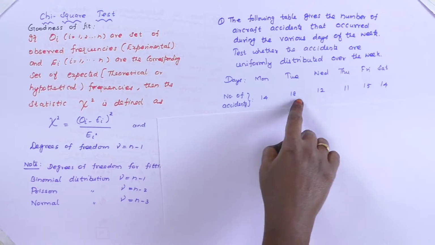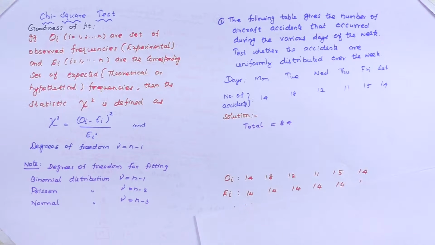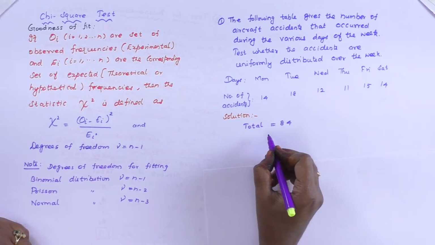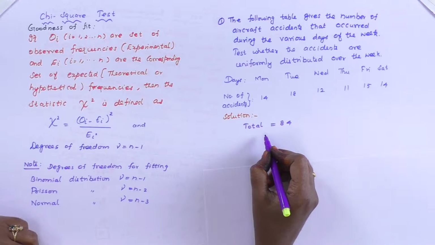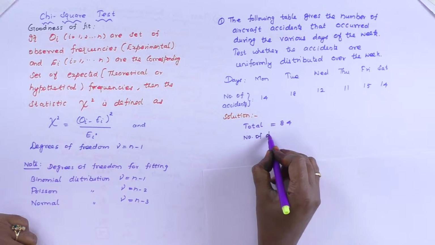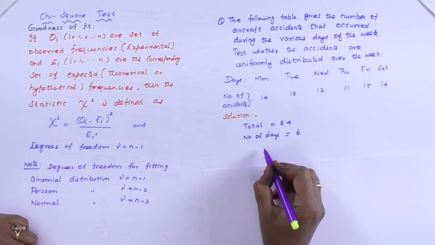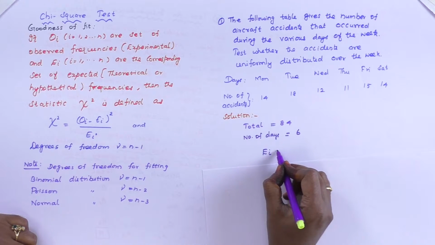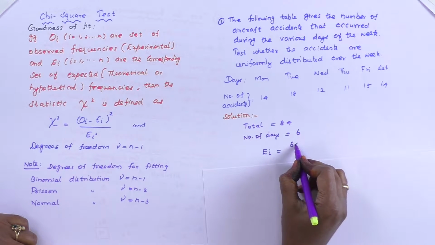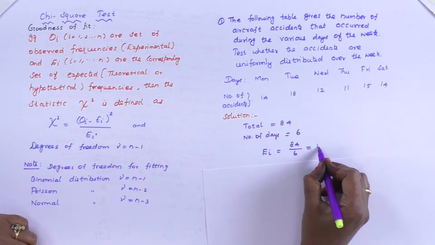The number of days is 6. Therefore, our expected frequency is the total frequency divided by the number of days, 84 divided by 6, which equals 14.